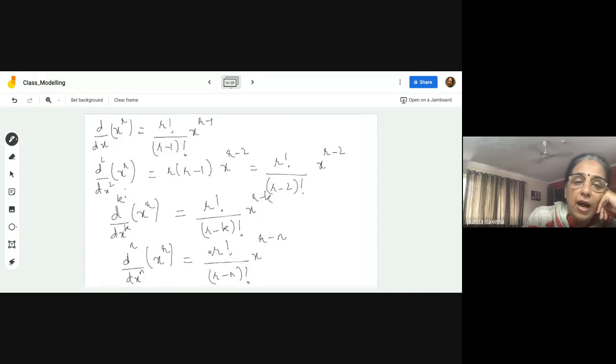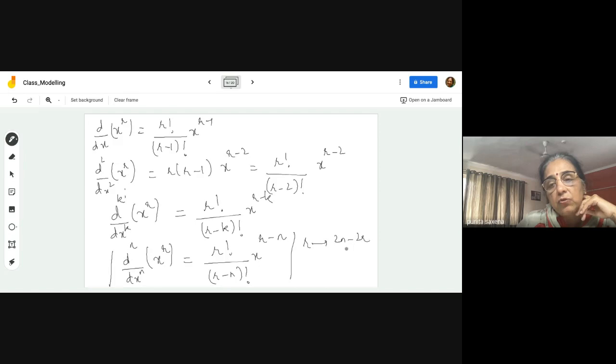Instead of r, just in the expression we derived just now, write 2n minus 2r and you have your answer.